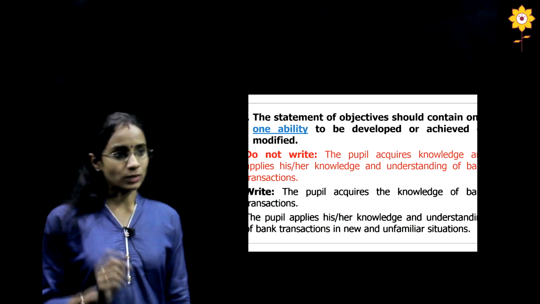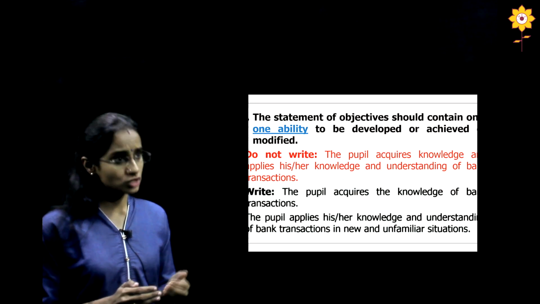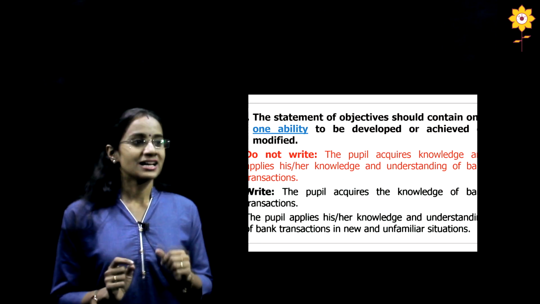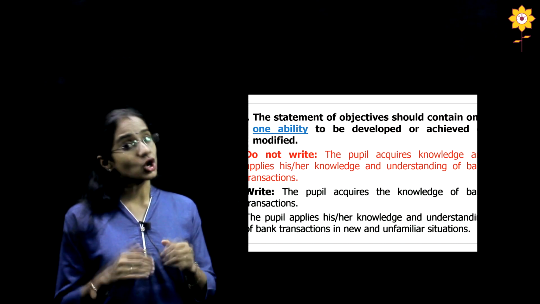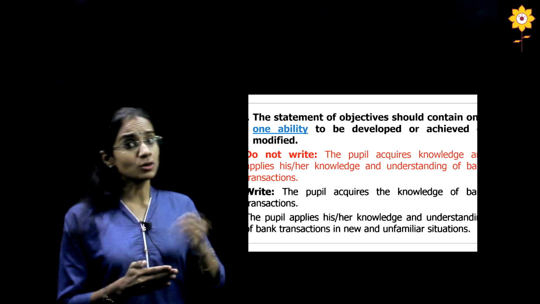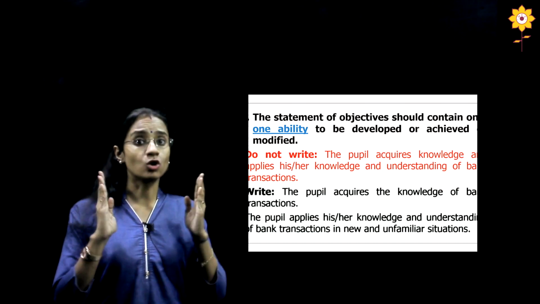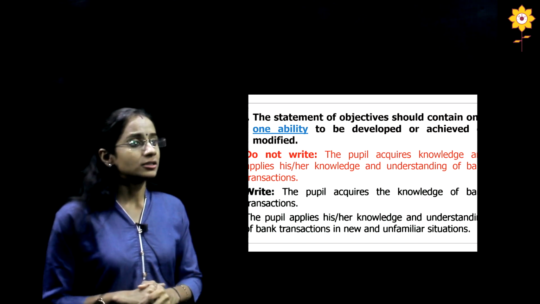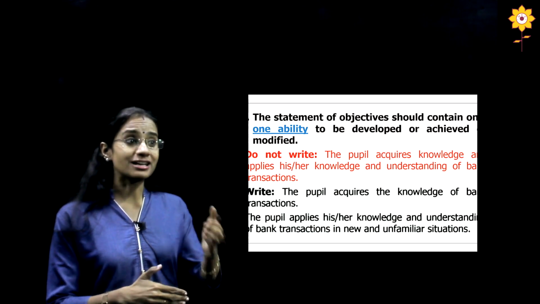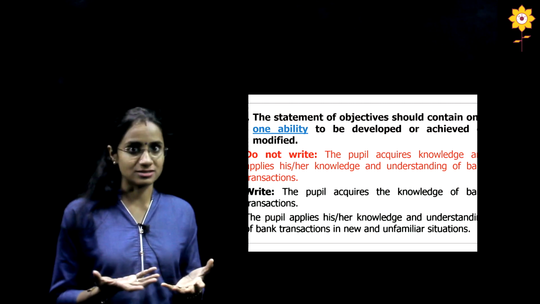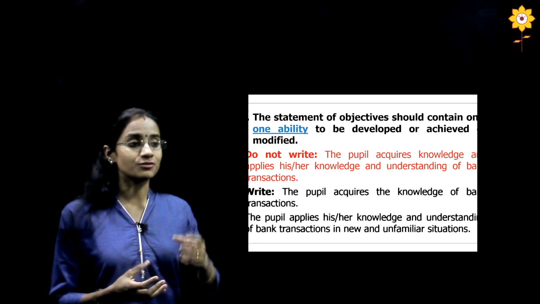And the seventh one is the statement of objective should contain only one ability to be developed or achieved or modified. So your statement should not have multiple objectives or more than one objective. It should have only one objective. For example, the pupil acquires knowledge and applies his or her knowledge and understanding of bank transactions. Here what are the things you find?